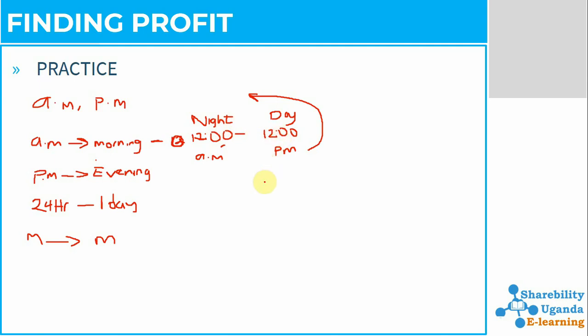So that means when we are telling time, we shall be able to say if it is in the morning, if it is starting from night, if it is 1 at night, we shall be able to call this our AM.